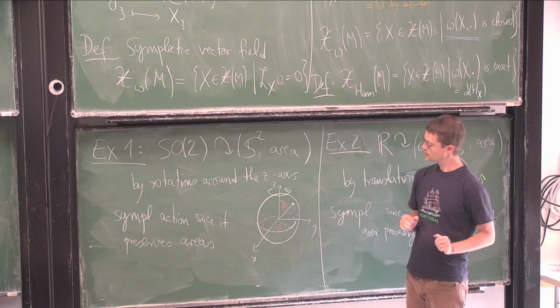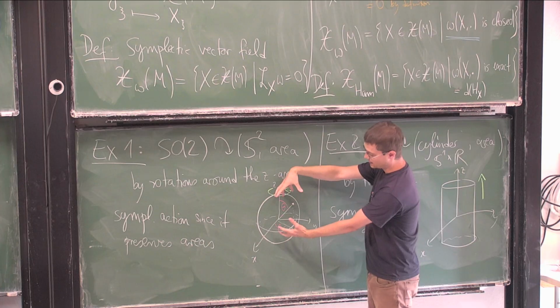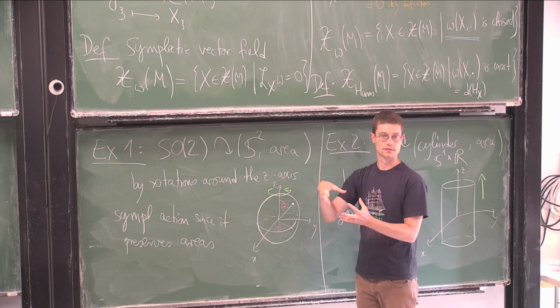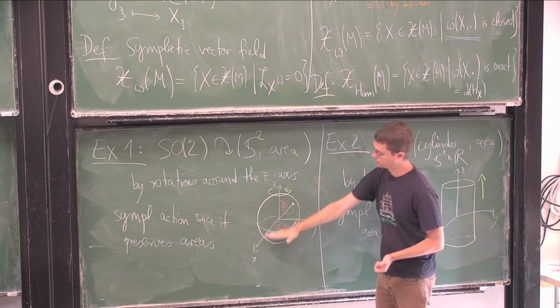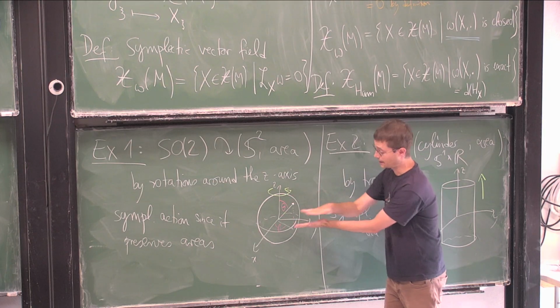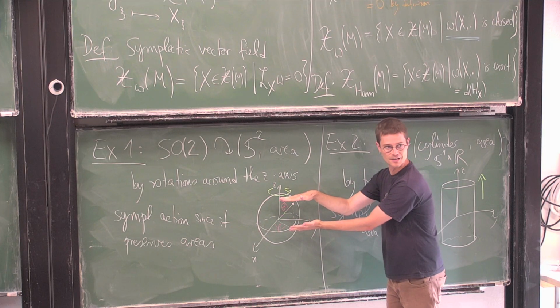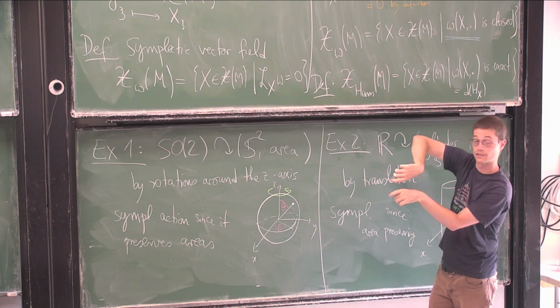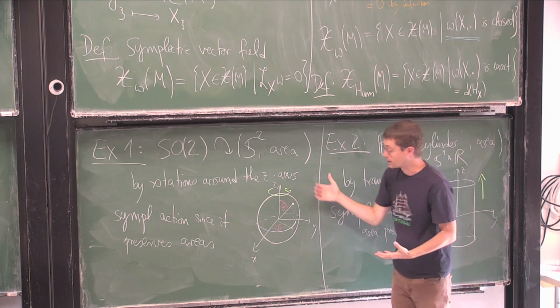Well, you take its symplectic gradient and then you integrate the symplectic gradient. And I think we saw last time that the symplectic gradient points in the direction where the function is constant. So if I take the height function, the symplectic gradient should point in the xy plane. So it's some kind of rotation, it might maybe have different speeds, but then you know that it should preserve the area.